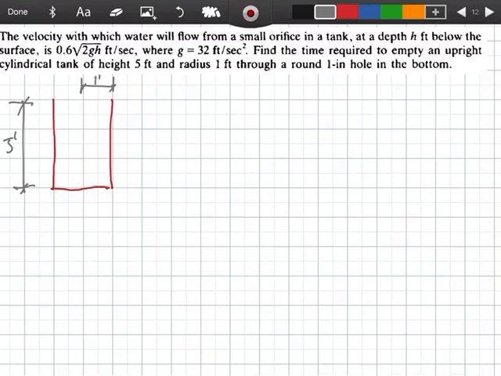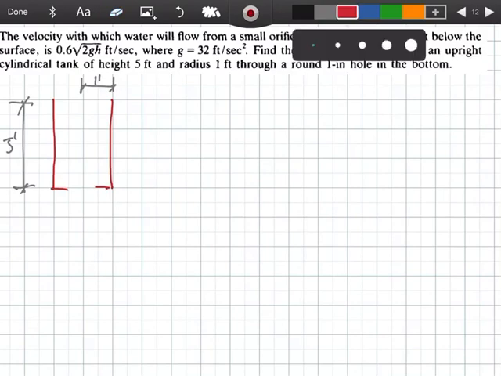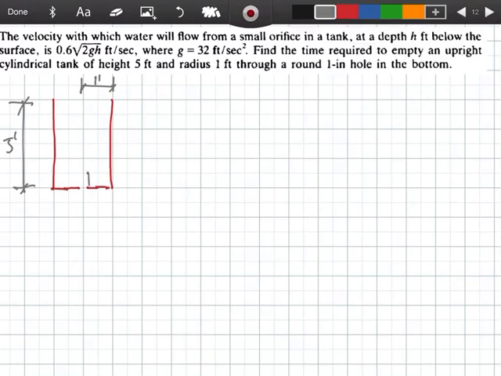Ngayon, meron daw siyang orifice. Ang orifice ay opening at the bottom. Opening at the bottom of the tank ay 1-inch hole. Meaning, pag 1-inch hole, ang ating radius ay 0.5 inches.